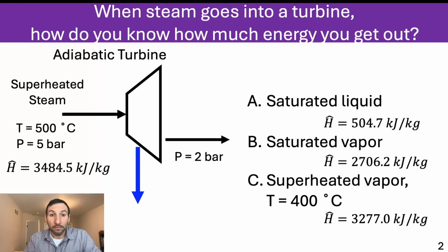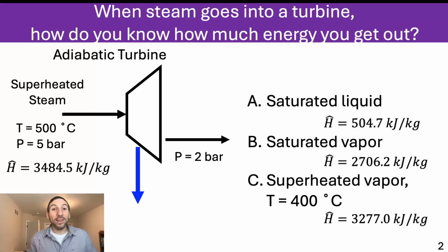As you may see when we compare enthalpies, the biggest change in enthalpy would be going from the superheated steam at 500 C to saturated liquid. And with the turbine, the whole point is to get energy out of the turbine. So if we had full reign over what we get out of our turbine, yeah, saturated liquid sounds great.